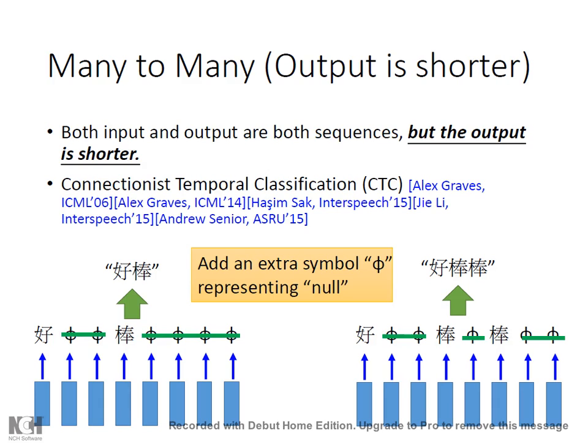If your signal is 好棒, the output will be 好, then the null symbol to remove the repeated character, then 棒, and the other repeats of 棒 are removed. But if you say 好棒棒, we generate your audio signal like this.